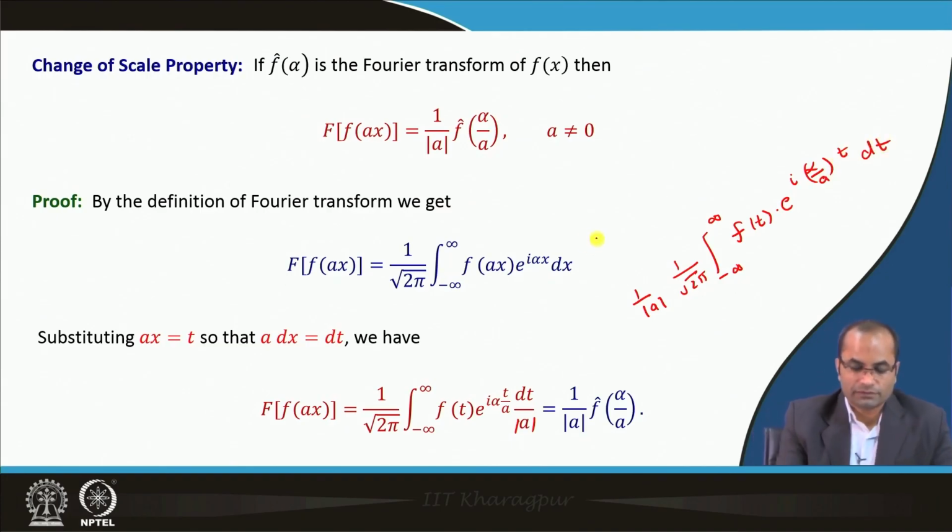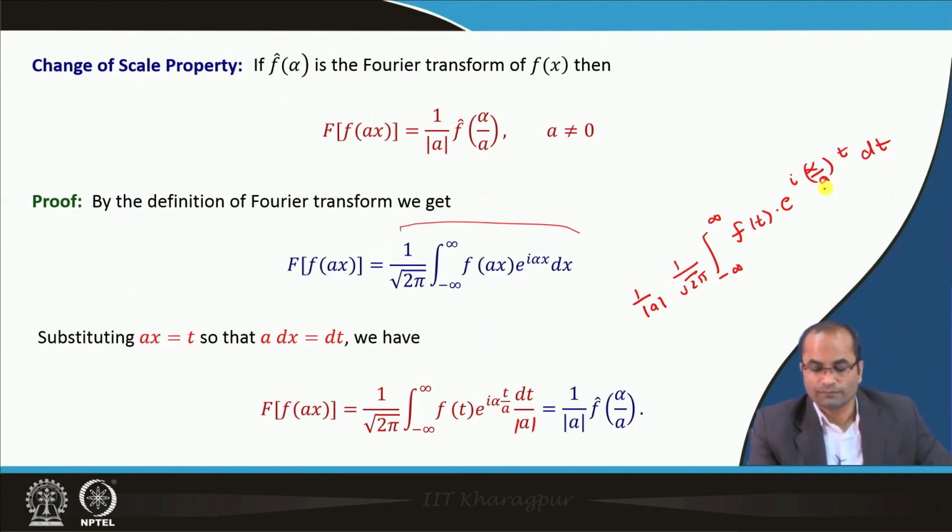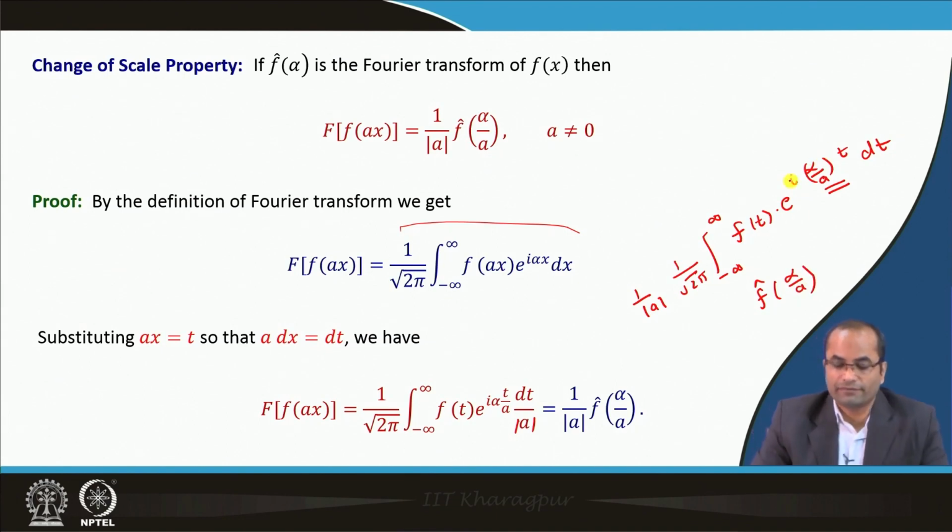As per the definition of the Fourier transform, the only change here is that this is exactly f hat, but instead of α we have α over a. If this were only α, then this would be just f hat(α), but now instead of α we have α by a. So this is nothing but f hat(α over a).